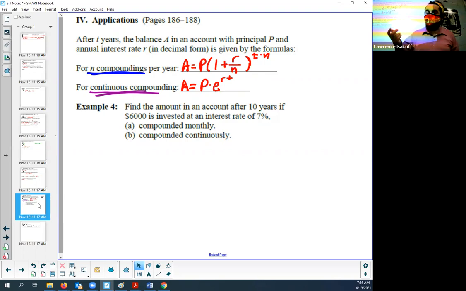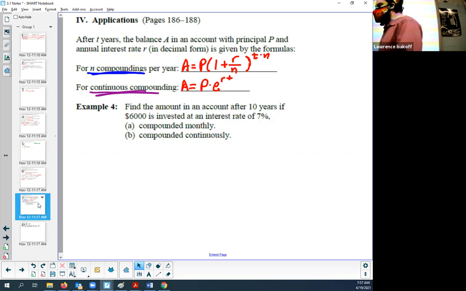So like if we're earning 2% interest, that'd be 0.02 over n. n is the number of times it's compounded. So if it's compounded monthly, that would be 12. If it's compounded quarterly, that would be 4. If it's compounded weekly, that'd be 52. If it's compounded daily, that'd be 365, all to the t times n.